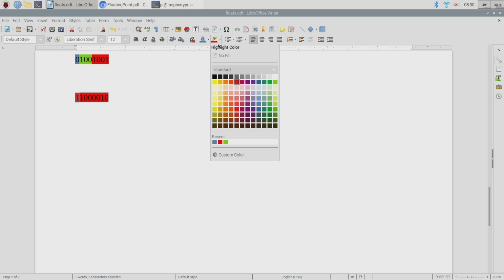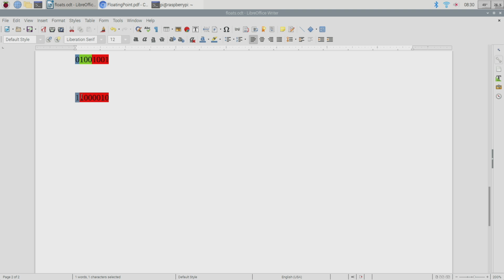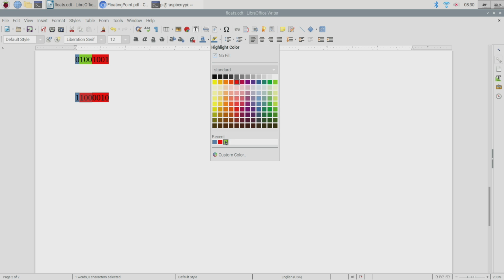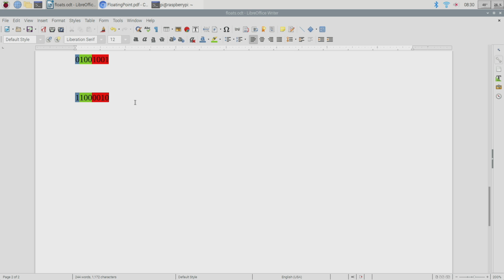Okay, so we've got our exponent bits, our mantissa bits, and our sign bit. So let's say that this is our mystery number. Okay, how are we going to decode this?